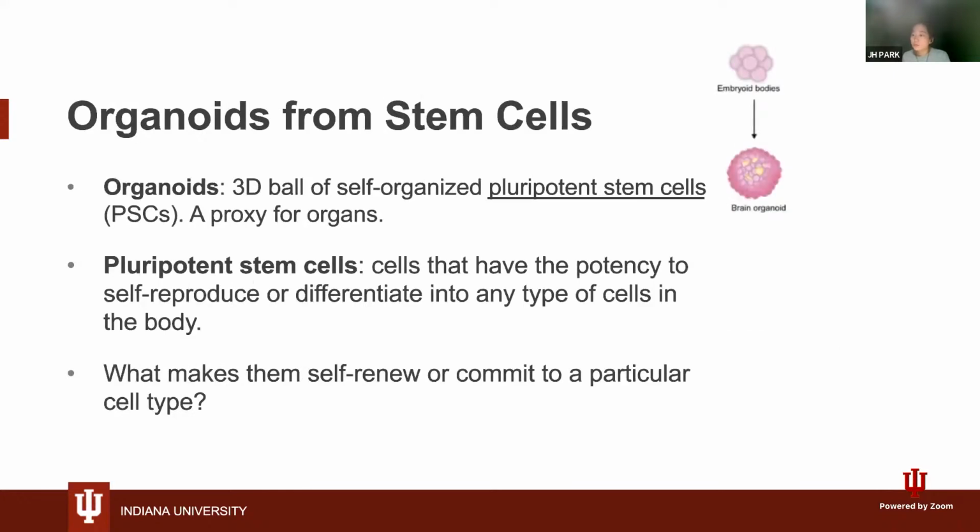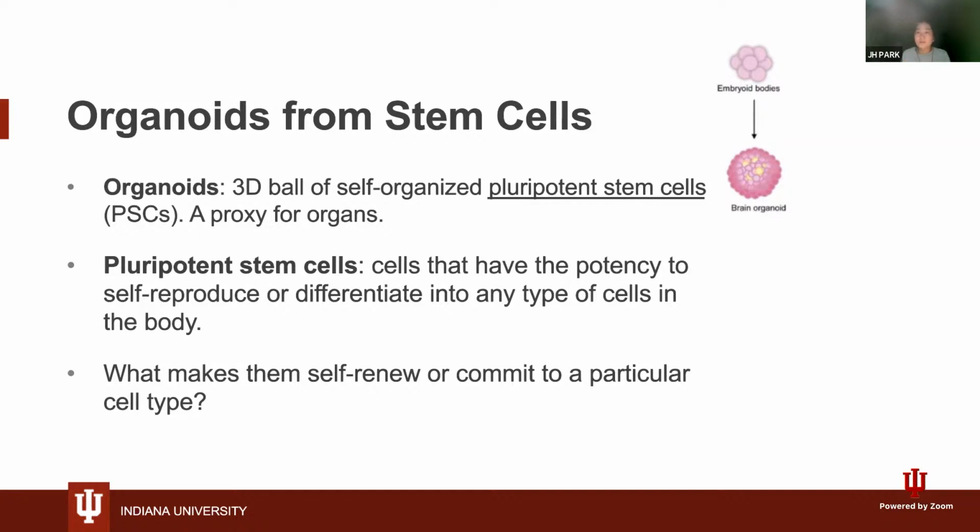So I will keep this overview of biological background brief because we already went through this before. It all started with organoids, which are 3D balls of self-organized pluripotent stem cells.